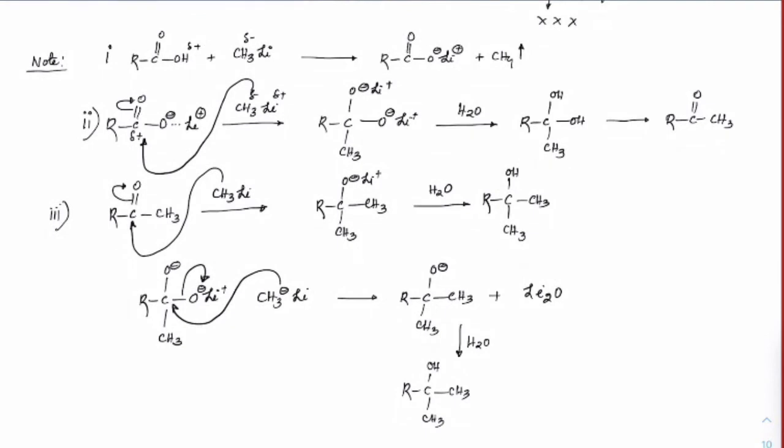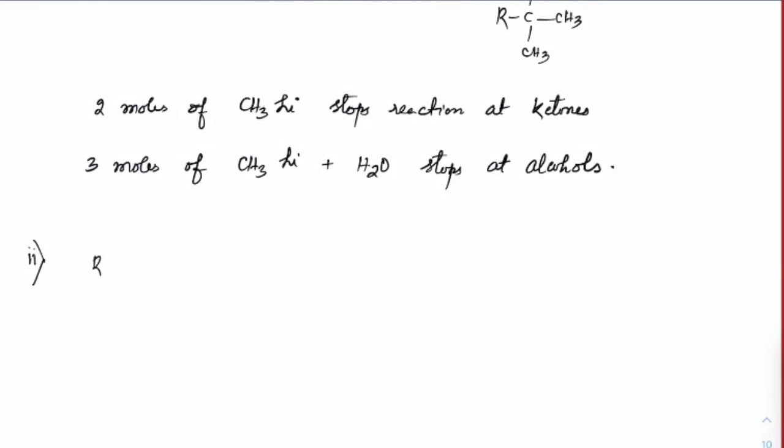So this is an exception. Instead of using Grignard's reagent, if you use Gilman's reagent CH3Li, this is what you would get with acids. This time we'll react this with C double bond O, OR dash, which is ester.